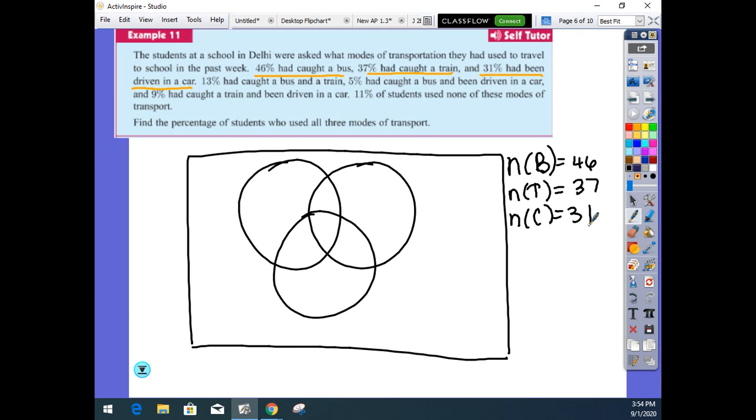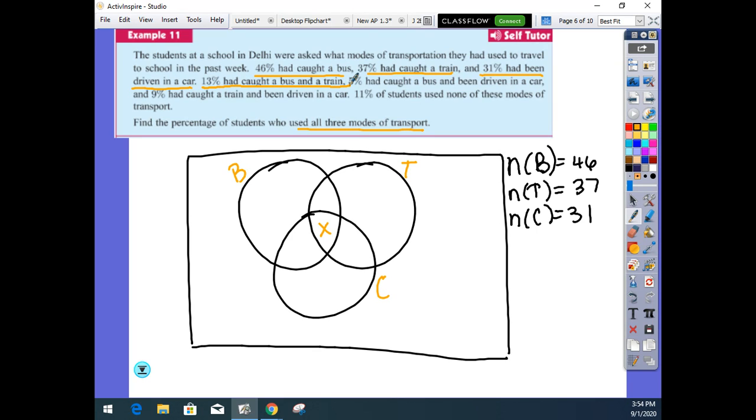All right, now first of all, we don't know all 3. That's my variable. So the part that goes through all 3 circles, bus, train, car, where all 3 circles overlap is my x.